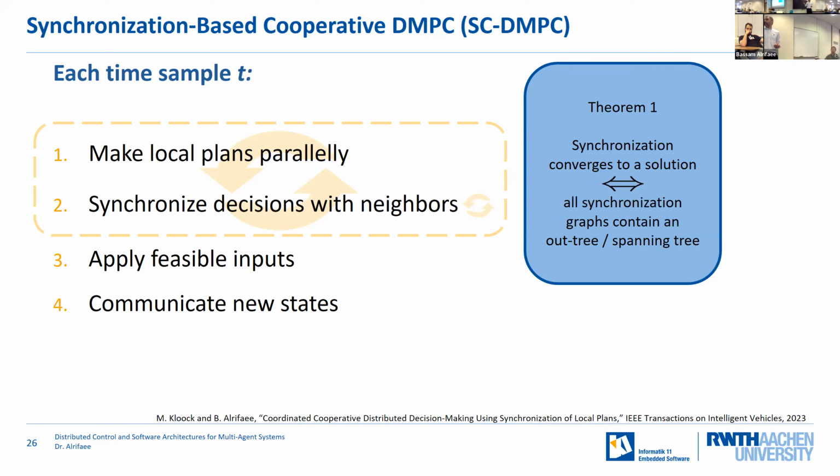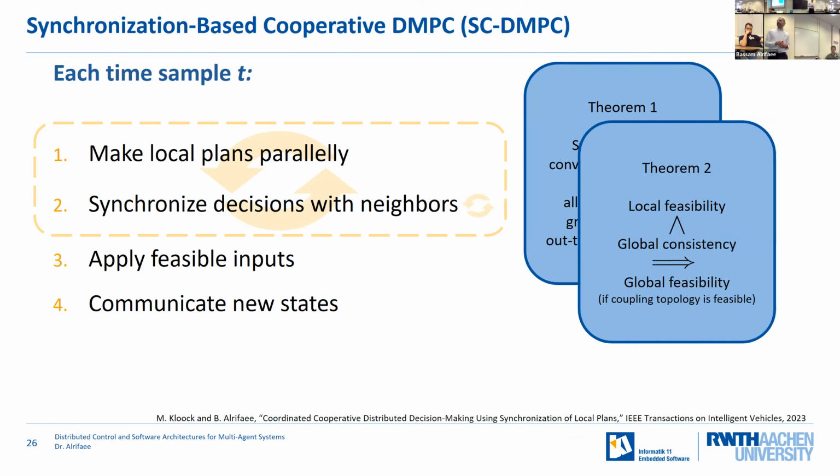And how does this iteration converge? We can prove that if we have local feasibility and global consistency, we can have global feasibility. If the coupling topology is feasible, we get as a result that the distance between conflicting agents is at most 3.